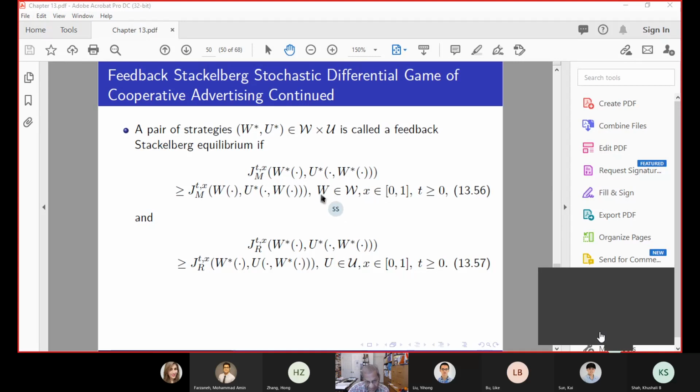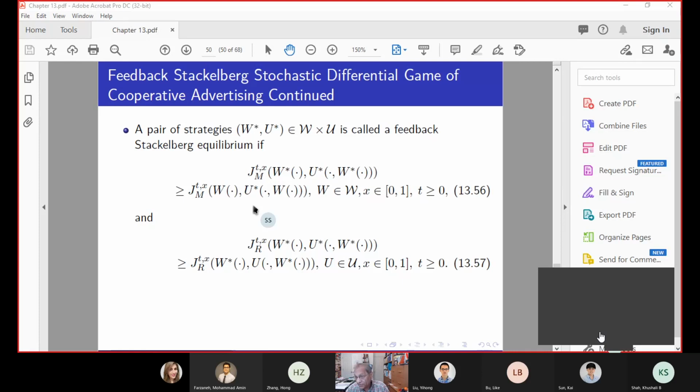Remember, this is the integral, so we need to know the entire trajectory to define this. So if you take any w in script W, and any x, then this quantity is not as good as that quantity. Remember, u star, the response, is not changing.